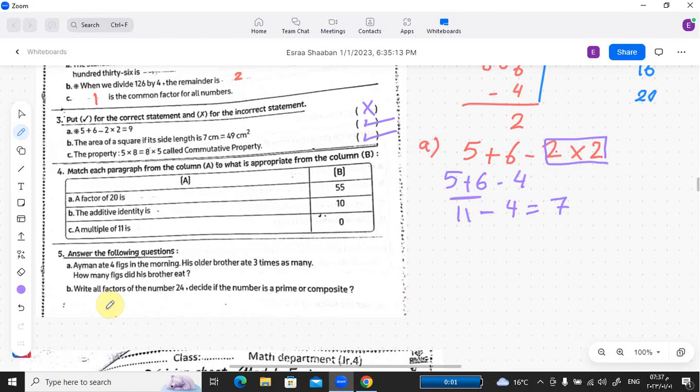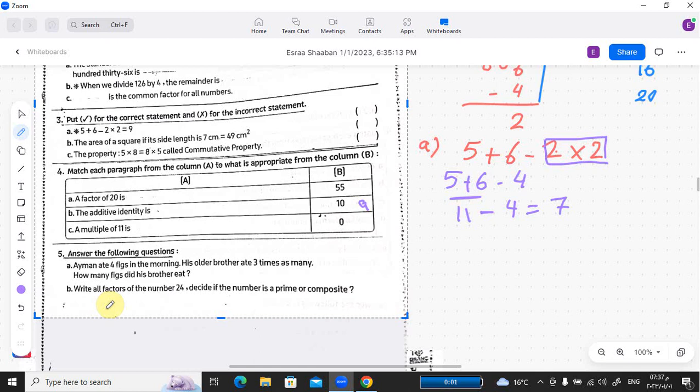Number 4. Match here. Letter A, factor of 20. So which number times which number equals 20? We have 1 times 20 and 2 times 10. We have 10 here. So choose it. Letter B. The additive identity is 0.